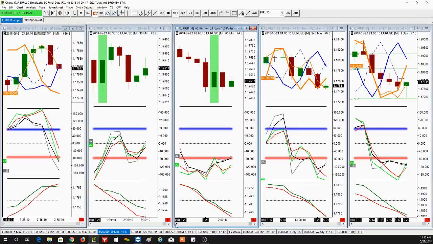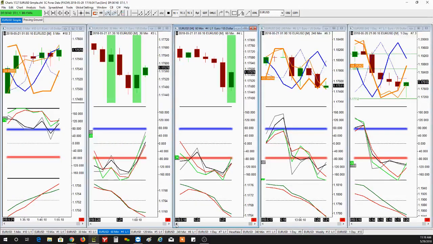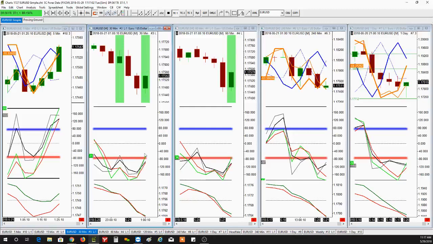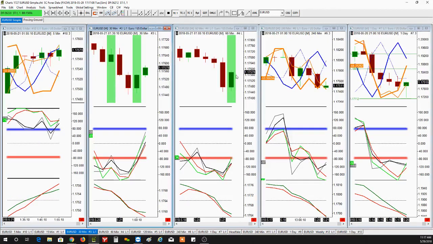So we've got, let's see, right there would be a Stormy D, right? So we've got the 30-minute that posted double cross pointed up oversold for a long, and then the 60-minute posted 30 minutes later. So there's your Stormy D.